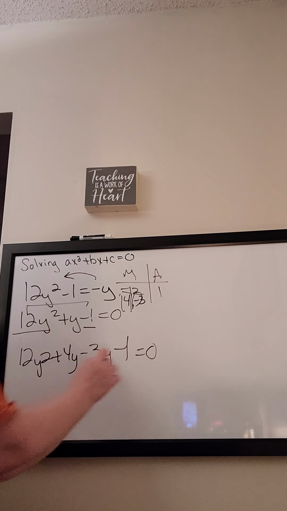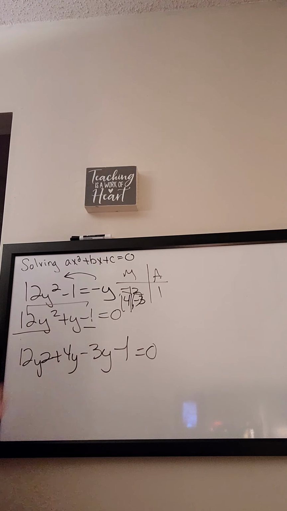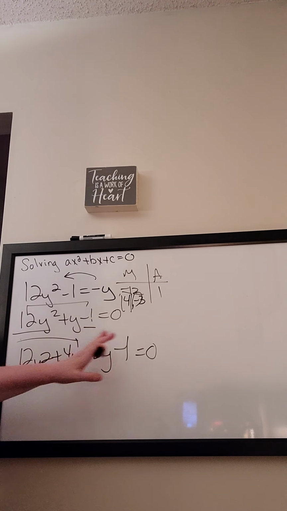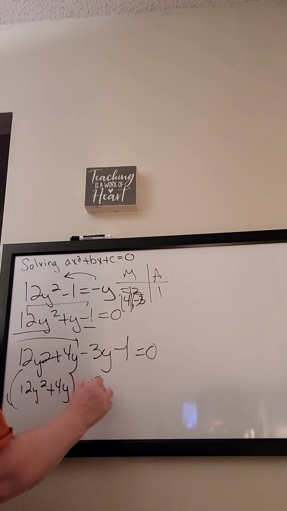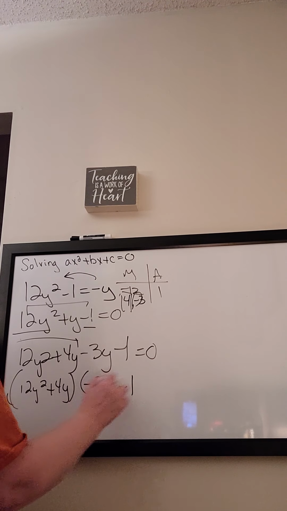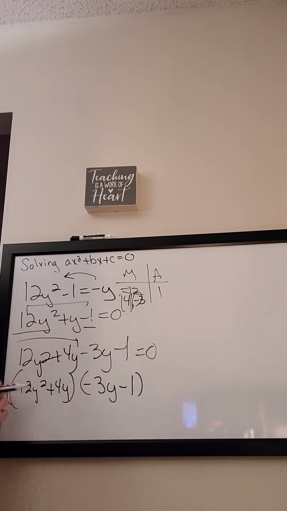We'll worry about that after, but this is the factoring part. So now I'm going to put these together into things they have in common, and I'm just going to leave them the way they are. So 12y squared plus 4y and negative 3y minus 1. I'm going to take out what they have in common.